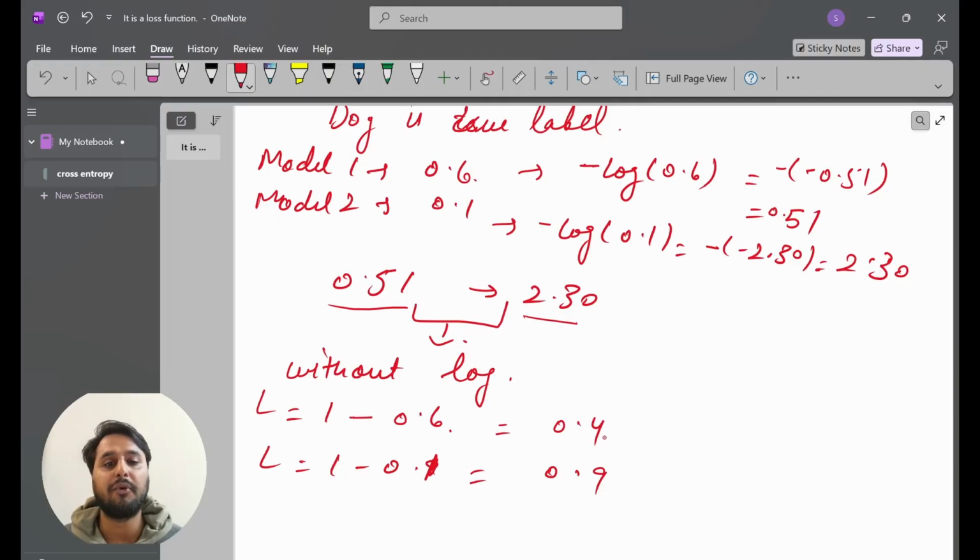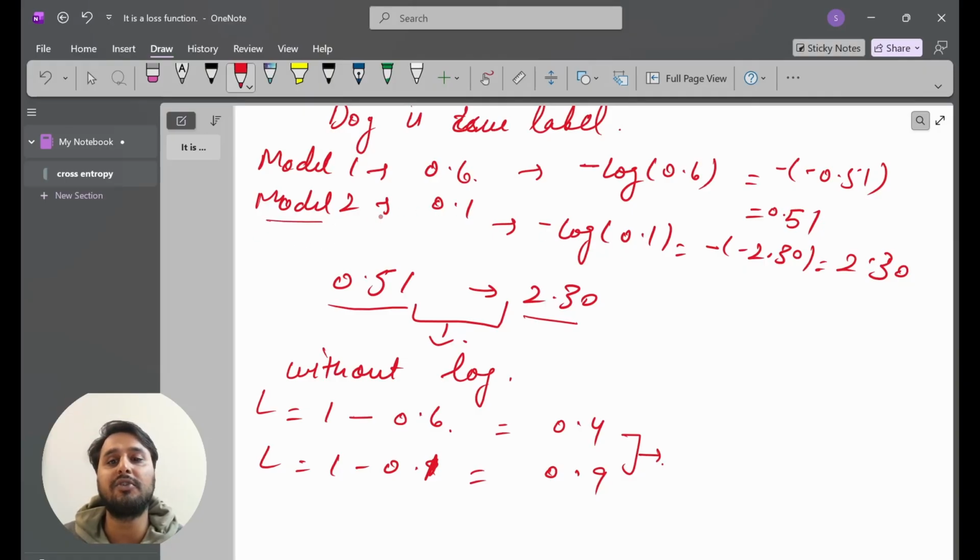So 0.4 and 0.9 are closer to each other. Our model might get confused about which one is better. So log strongly penalizes the confidently wrong predictions.